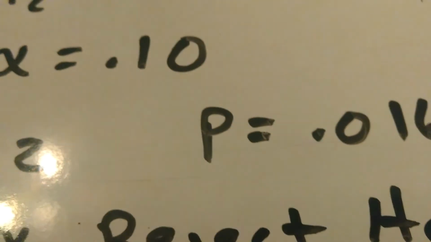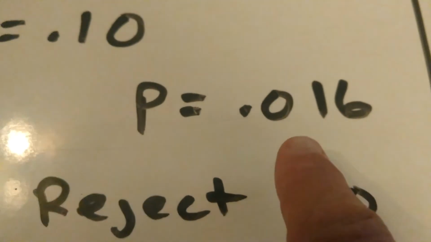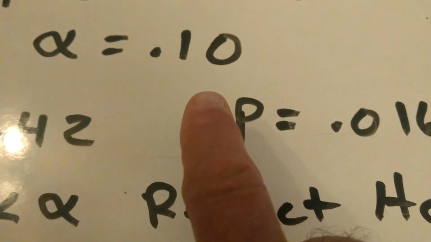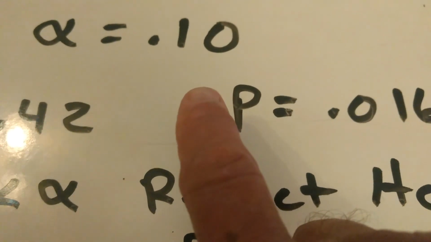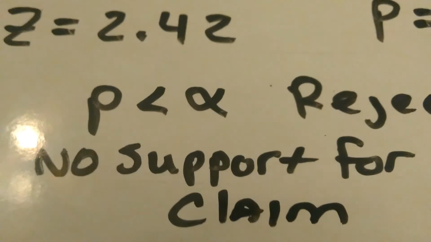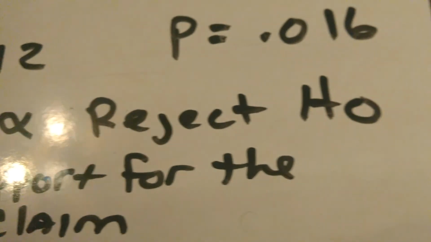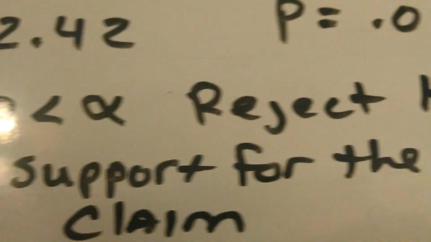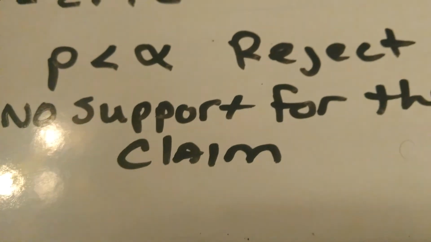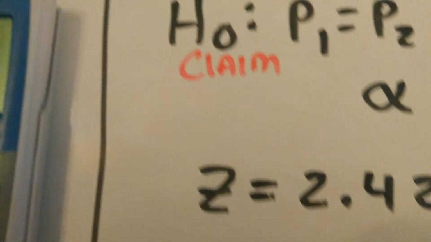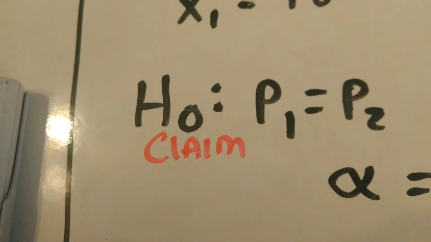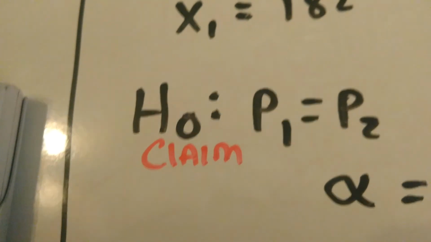We can see that this p-value is less than the alpha of 0.1, which was given to us in the problem. So with p less than alpha, we reject the null hypothesis, and there is no support for the claim, because the claim was that they're equal. So there must be a difference between the two.